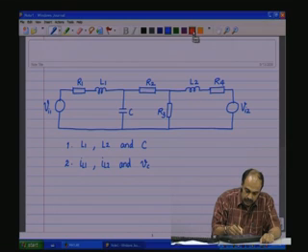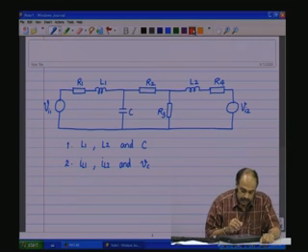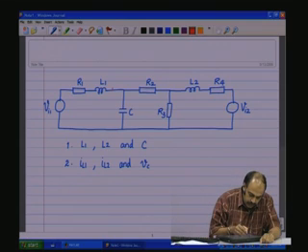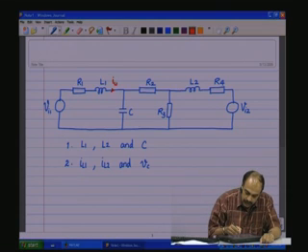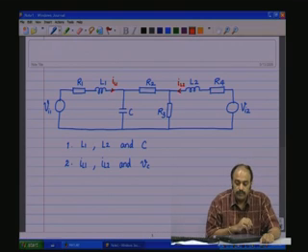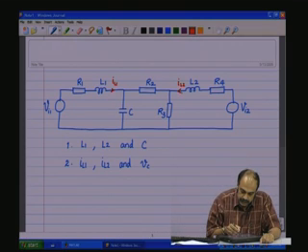And let us also indicate these state variables in the circuit. So, we have IL1 here, and IL2 here. Notice that I have put an arrow direction for the current flow here. It could as well be the other direction, no issues there.